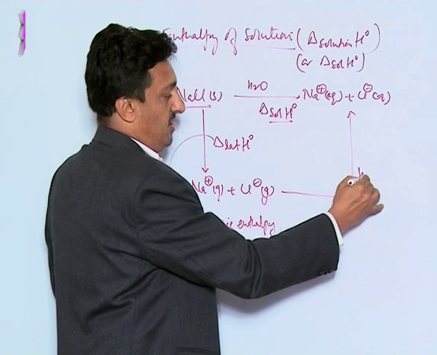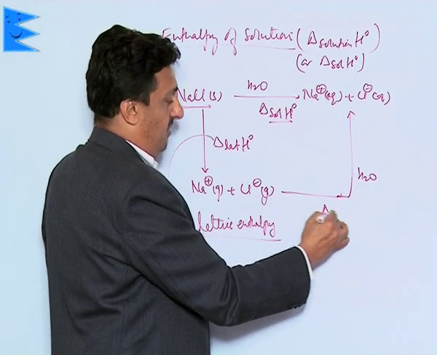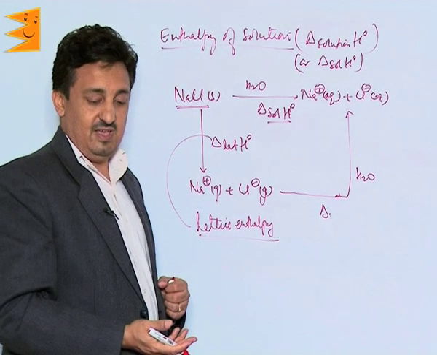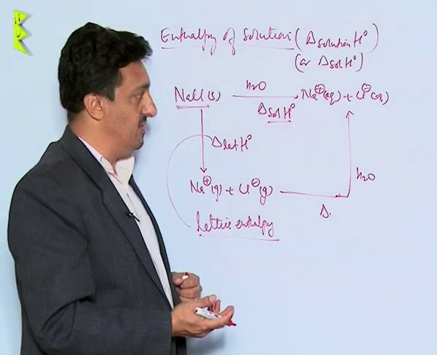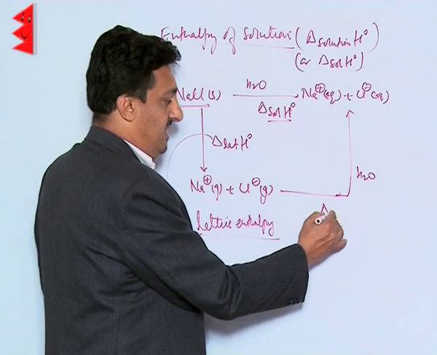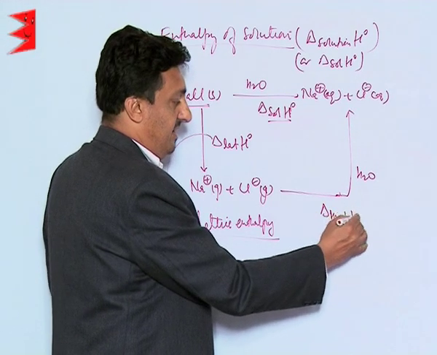And then these are added to water. The second step is that we put them in water and the energy involved is called the enthalpy of dissolution, which we normally call the enthalpy of hydration.